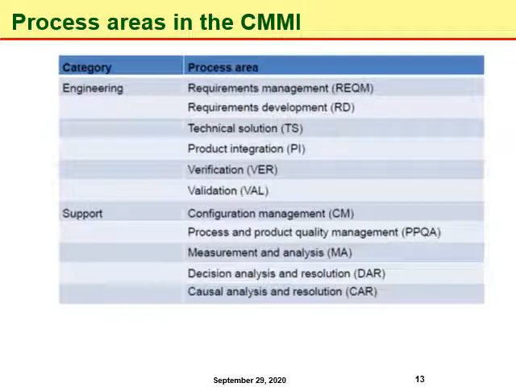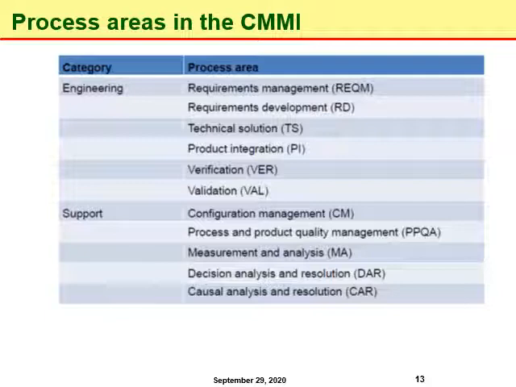The third category is, in fact, the engineering category. And here mostly the activities that are purely related to development activities belong to this category. For example, you can see that we have requirements management here. Similarly, requirements development is here, technical solutions, product integration, verification, and validation.